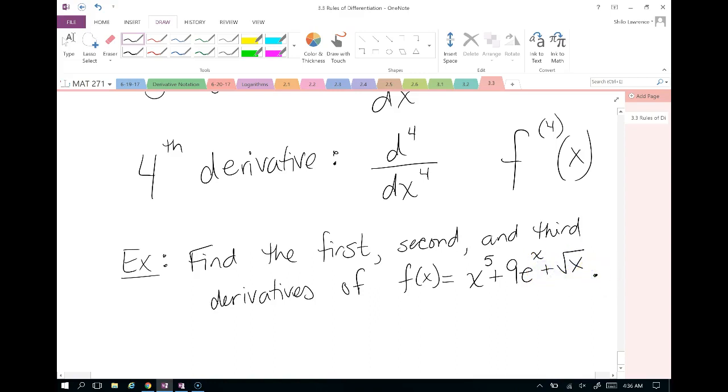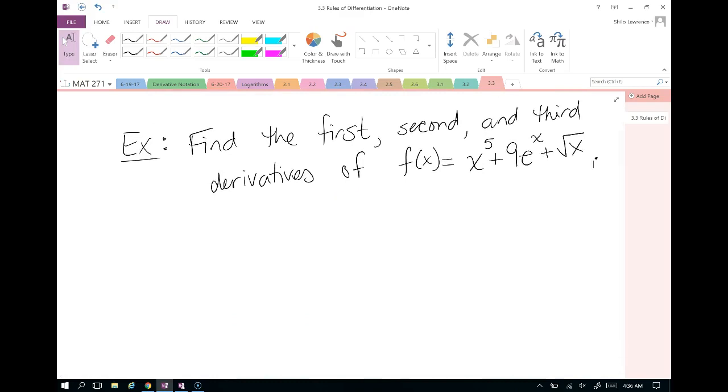And this is our last problem of the video. It's going to take a few minutes, but this is our last one. We want to find the first, second, and third derivatives.